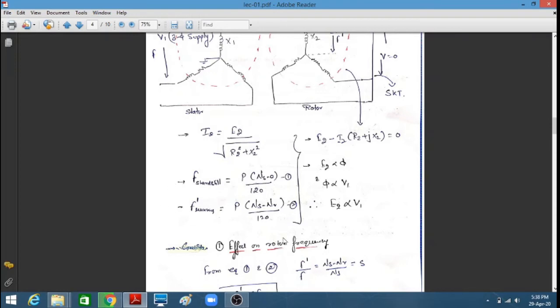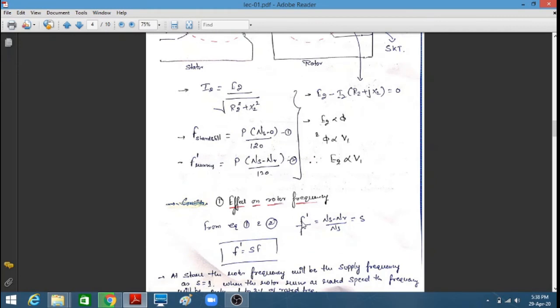Now at running condition, the rotor has some speed denoted by Nr, so f dash will be P (Ns minus Nr) upon 120. From these two equations, f dash upon f is equal to slip. So the rotor frequency is slip times the original frequency.